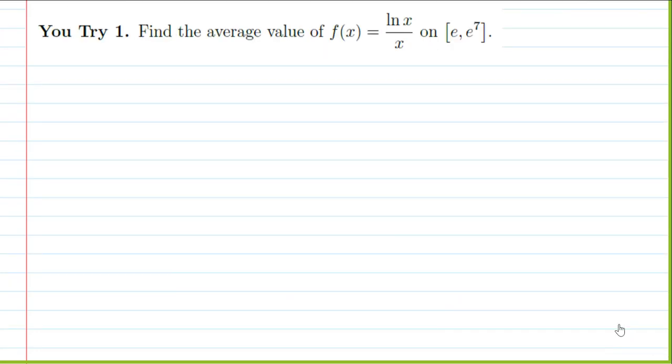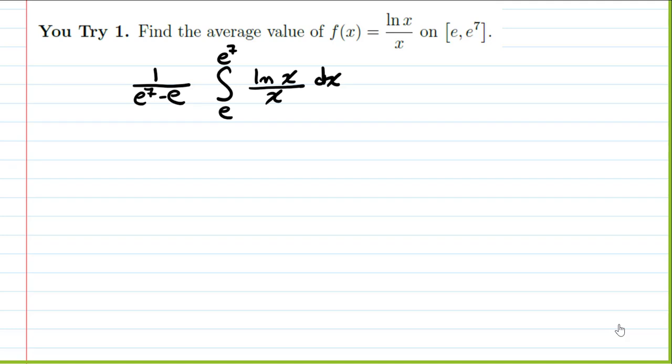All right, so to find the average value of this function, it's going to be 1 over b minus a, so our b is e to the 7th minus e, times the integral from e to e to the 7th of the natural logarithm of x over x dx.